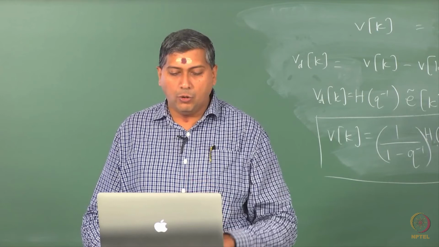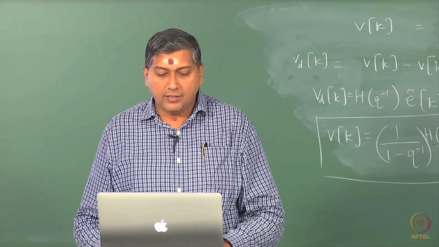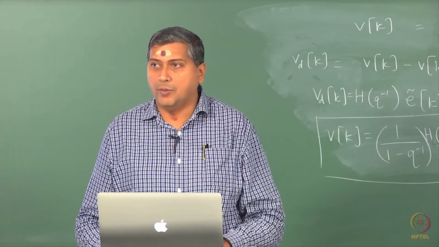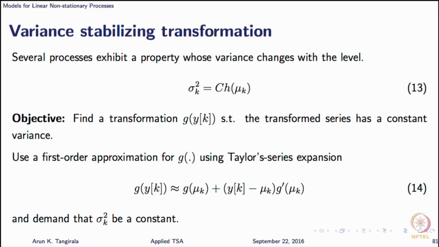I just want to quickly go over the variance stabilizing transformation. Assume that your variance is some function h of the mean at any time, and what you want to do is find a transformation such that the transformed series has a constant variance. That is the goal here. Let us say that transformation is G. What we do is figure out which transformation will get rid of the dependence of variance on the mean.